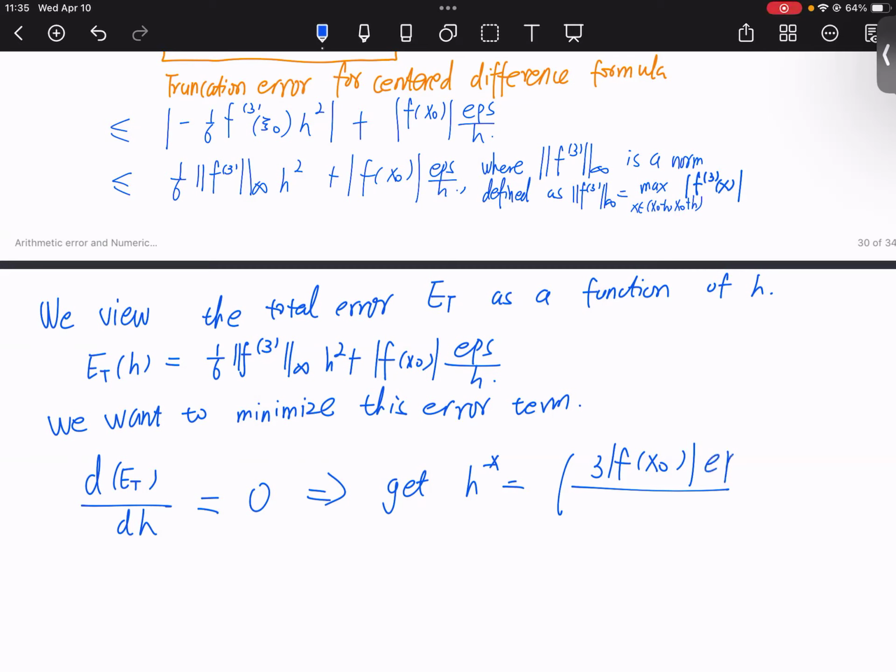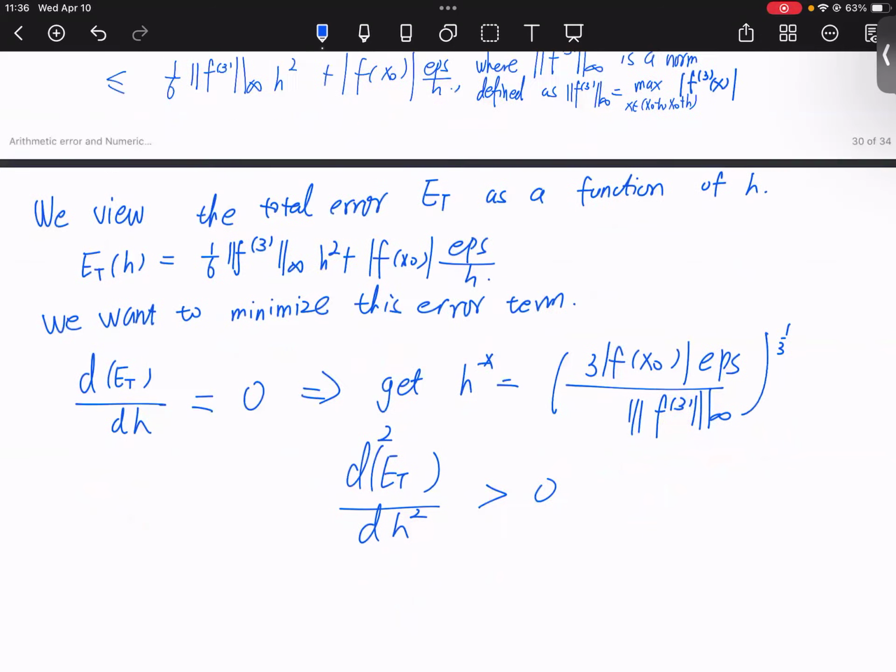I just simplified my calculations here, but you also need to check the second derivative at this point. It should be positive, so we can conclude that this is the minimum point of E_t(h).